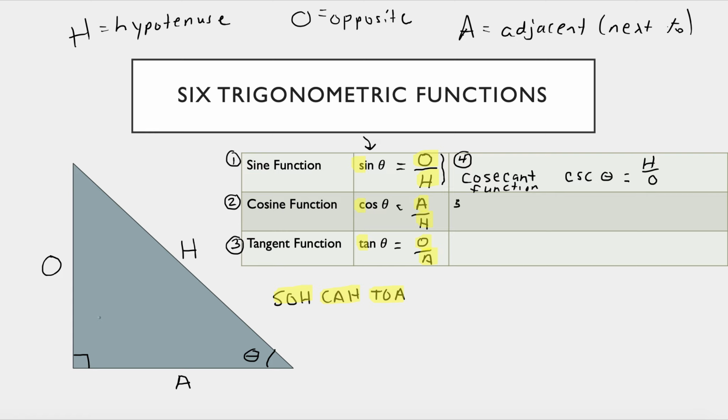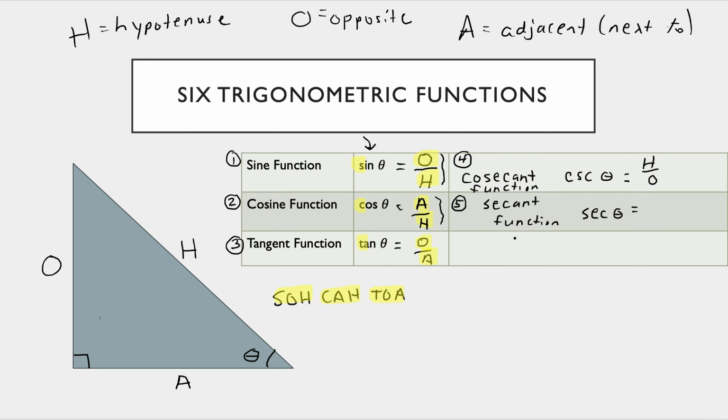All right, and then the fifth one is going to be the secant function. We're going to abbreviate this SEC. And again, it's going to be the reciprocal of the cosine.